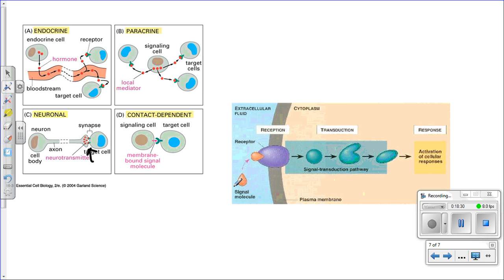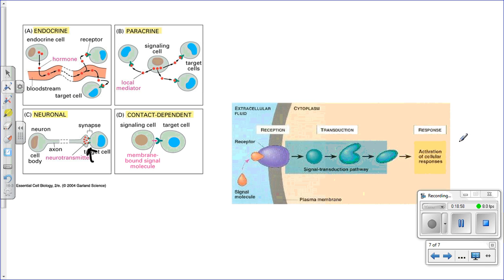So here's your cell signal. Maybe it's insulin, attaches to some sort of integral protein, maybe allows for a port to open up, maybe something comes inside, or it causes a transduction pathway on the inside. And this transduction pathway, like a cascade, a waterfall, allows for an internal cellular response. Maybe it's transcribing and translating, maybe it's DNA replication, maybe it's making more organelles.